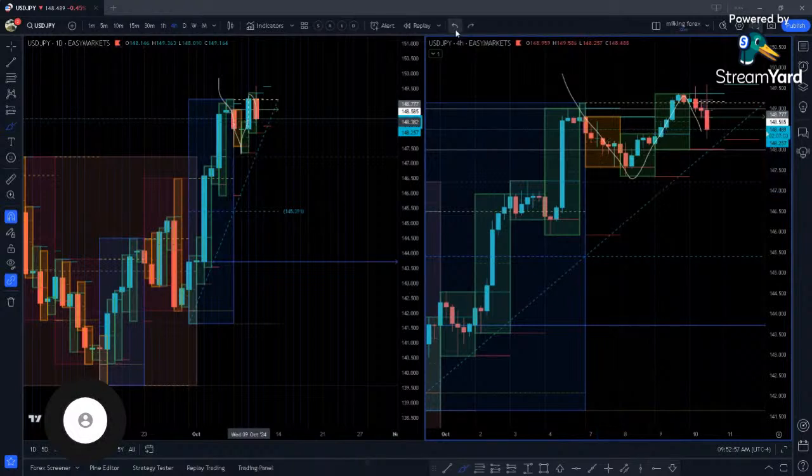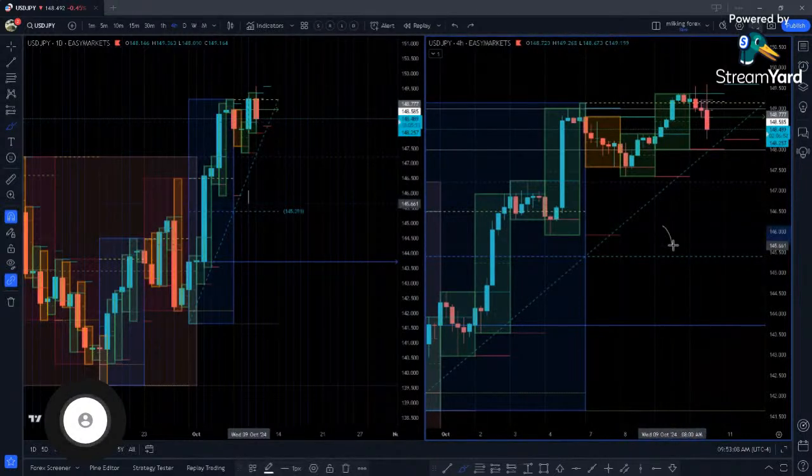So this support is actually, if you just see it, let's see, if the price opened from here, right? Let's consider it like that. Price opened from here, price went down, right? And then price went up, and price closed here.